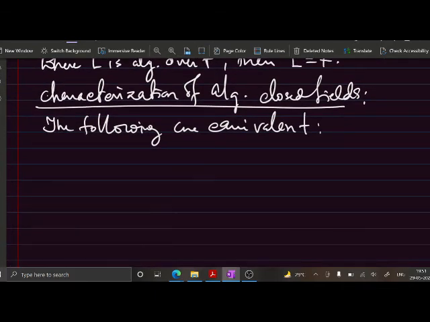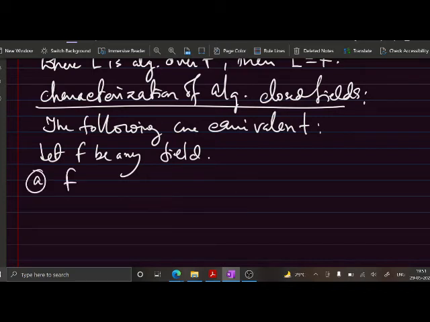Let F be any field. The first statement is F is algebraically closed.